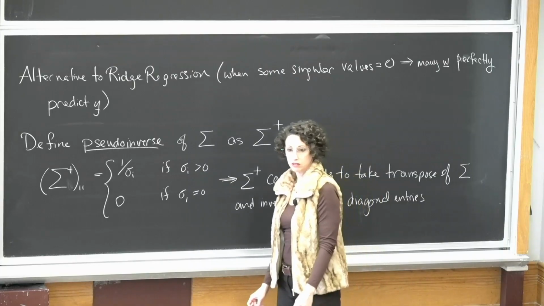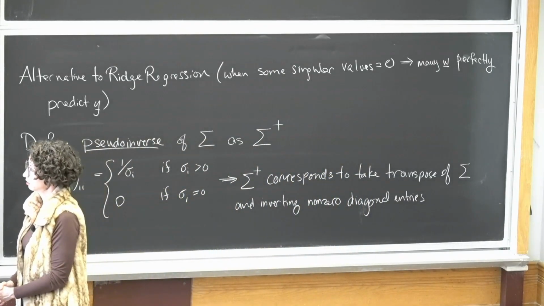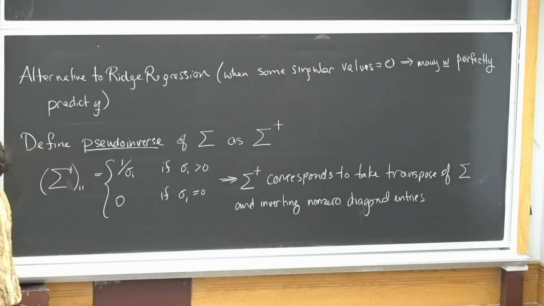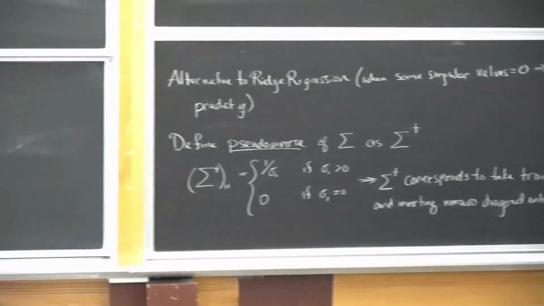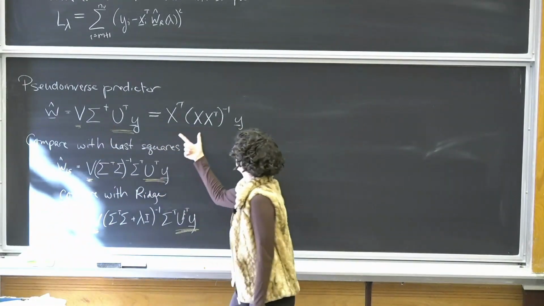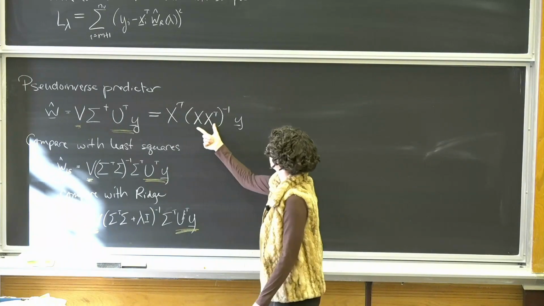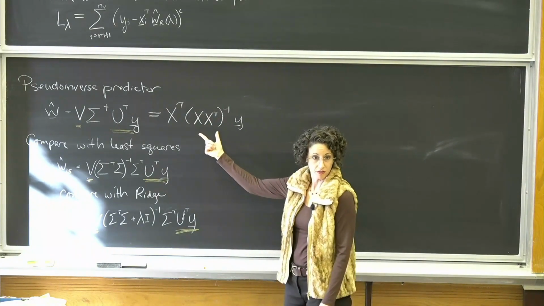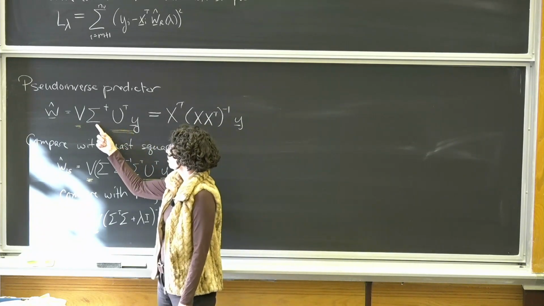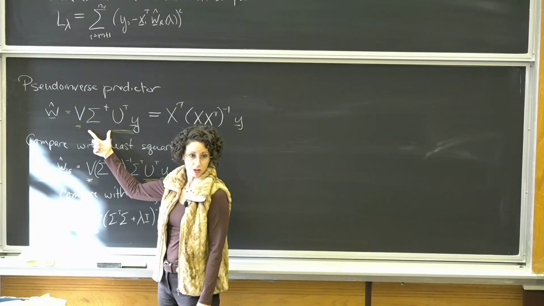Yes? Would the pseudo-inverse predictor work when P is smaller or equal to N? So we can use the pseudo-inverse predictor in general settings, but it won't always have this particular form because X transpose is not always invertible. But we can always take the SVD of X, compute the pseudo-inverse of sigma, and have this predictor.